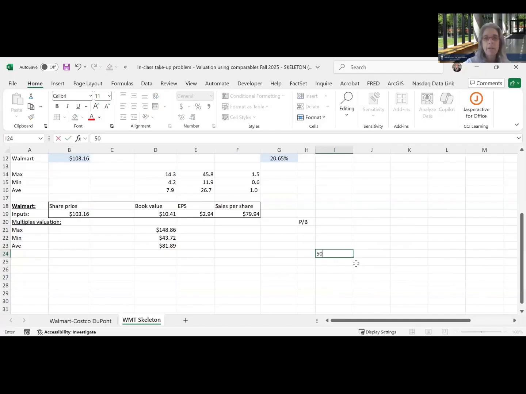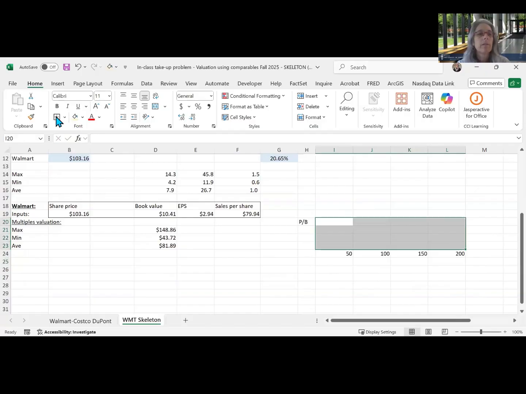Let's say my valuations, I'll take them in $50 increments. So if I was valuing Walmart on price to book, it would be between 43 and 148.